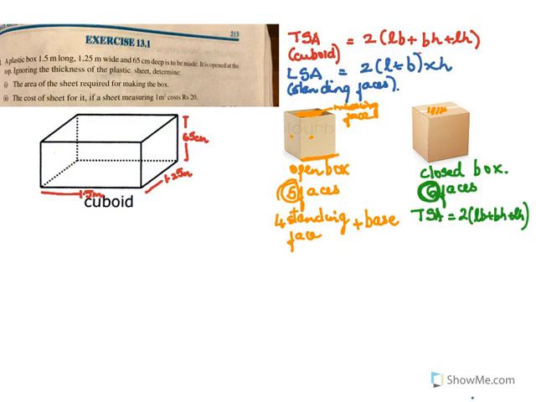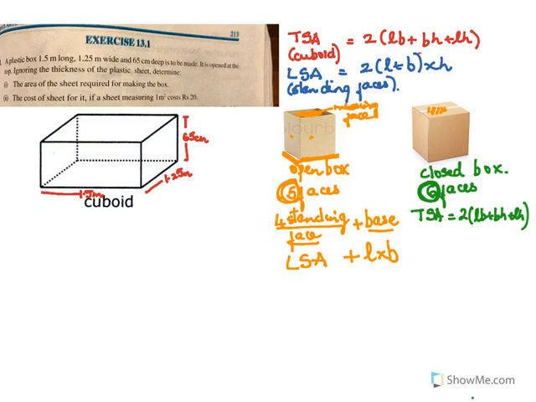It will have 5 surfaces, that is 4 standing faces and 1 base. Now the standing face we know is the LSA, and the base is length into breadth. So we have to remember this before we get on to the sum.